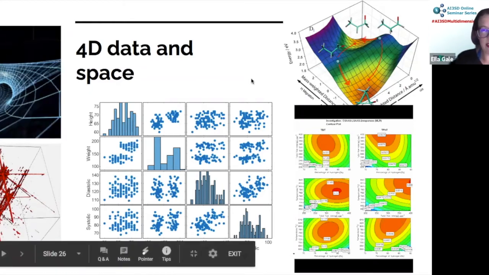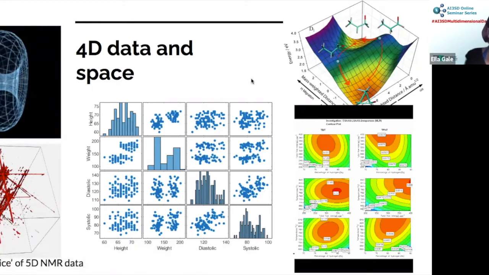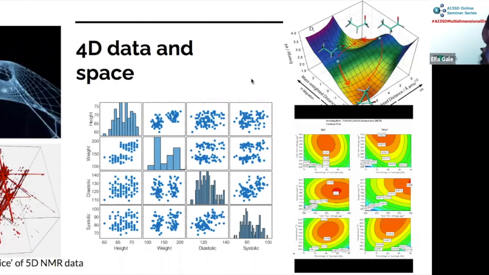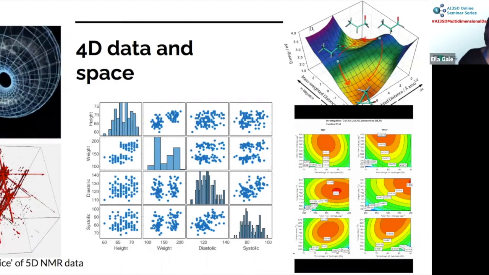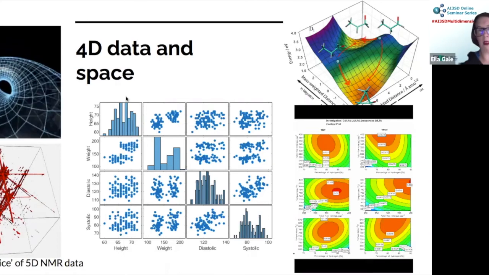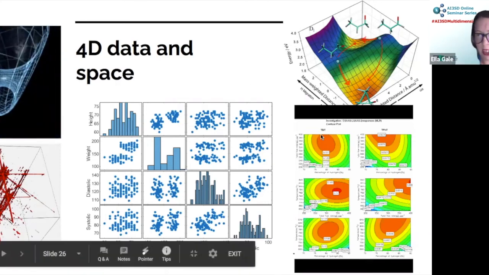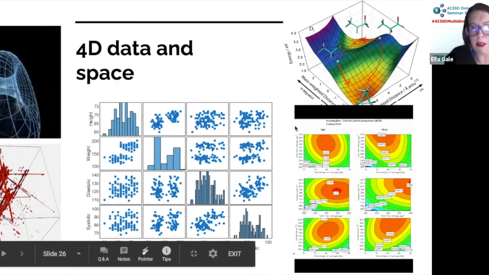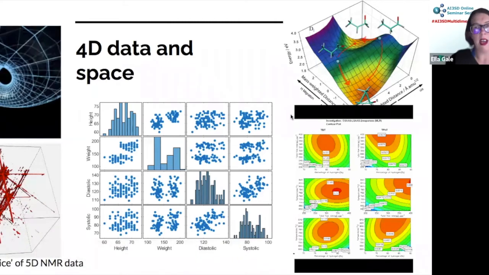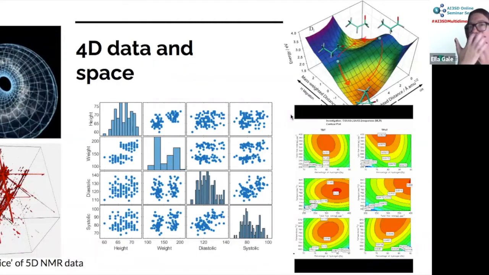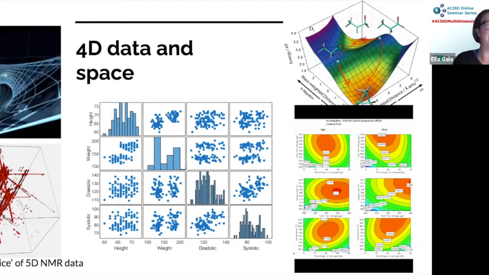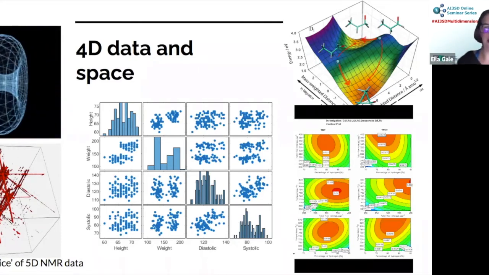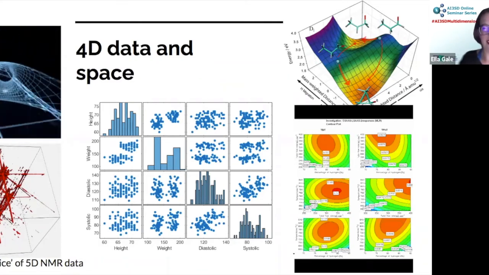This plot here is 4-dimensional data. We've got height, weight, and it's a blood pressure plot, so systolic and diastolic. So you are thinking about 4 dimensions there. And similarly here, especially when you get into design of experiments and you end up with like 20 plots, you're really starting to deal with high dimensional data.